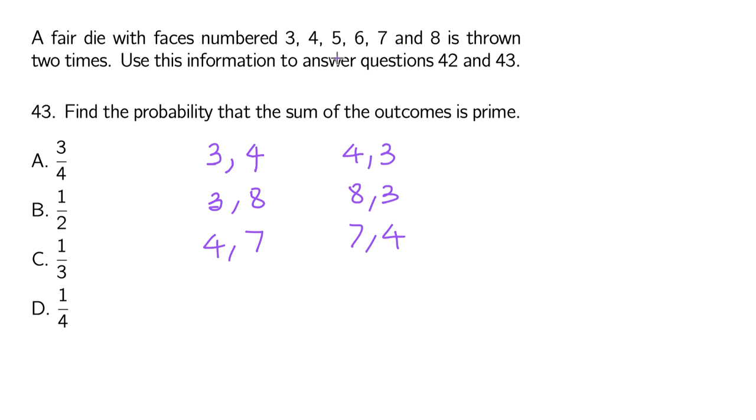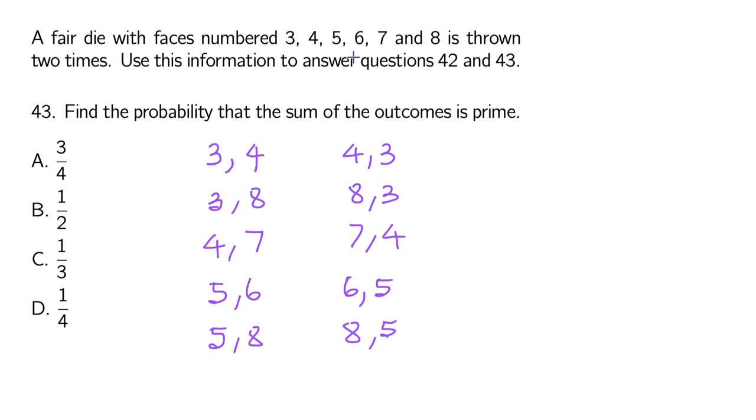So that's out. Then we go to 5. 5, 5 is 10, not prime. 5, 6 is prime though. 5 and 6, the sum is 11. So 6 and 5 also sum 11. Then 5, 7, 12, not prime. 5, 8 is prime. So 5, 8 and 8, 5.